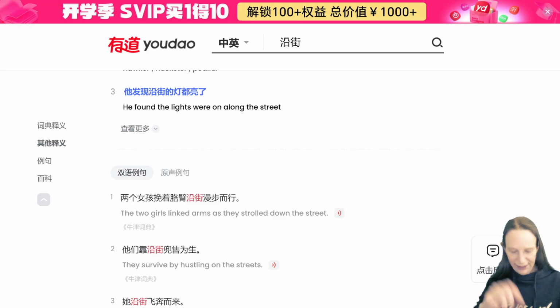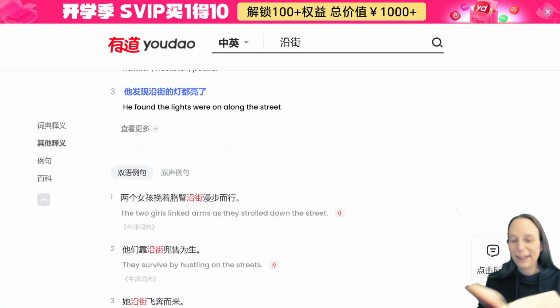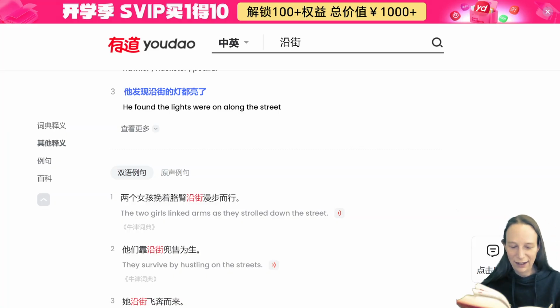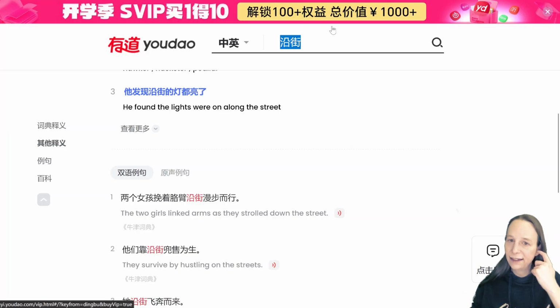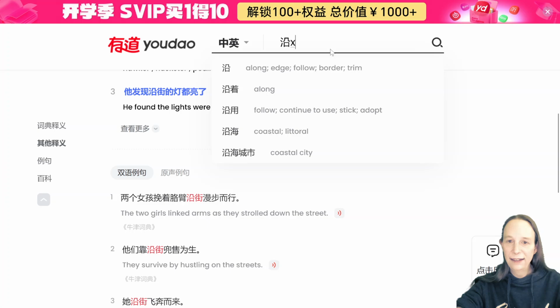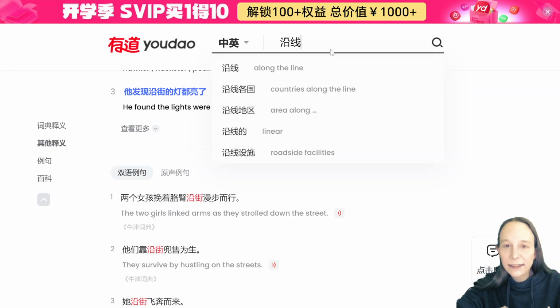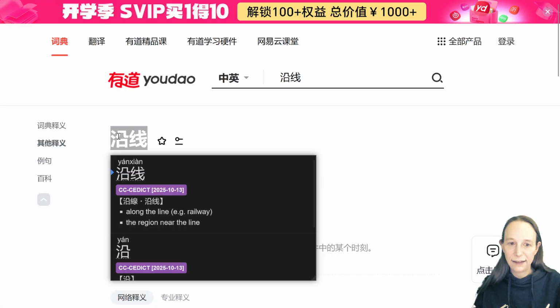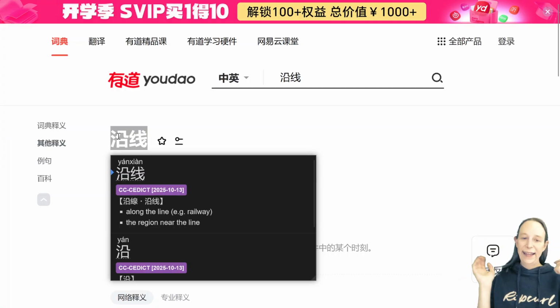There's a few meanings here in the dictionary I'm seeing that are a little bit unfamiliar. I guess we better take a look. So, okay, the first meaning on the screen at the moment, meaning 顺着, to follow. 沿街, 沿线, along the line, 沿线.